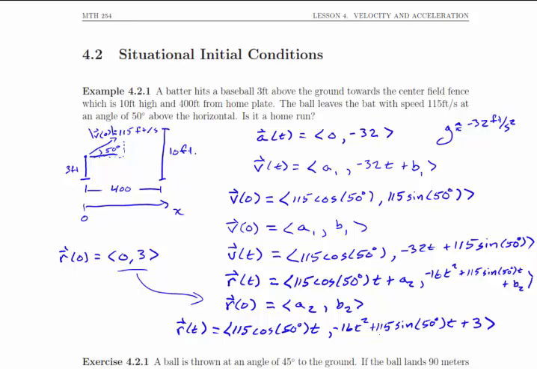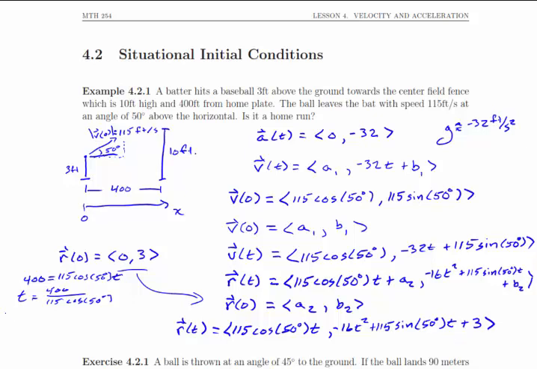So if I say 400 equals 115 cosine of 50 degrees times time, then we get t equals 400 over 115 cosine of 50 degrees. I then take this value and plug it in for t into my y component to see what we get.